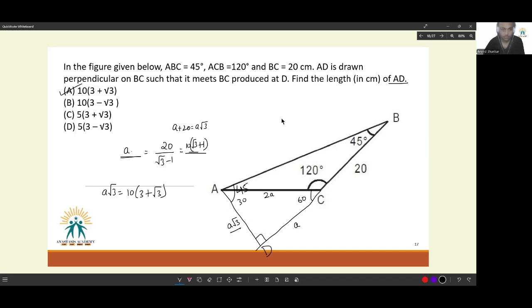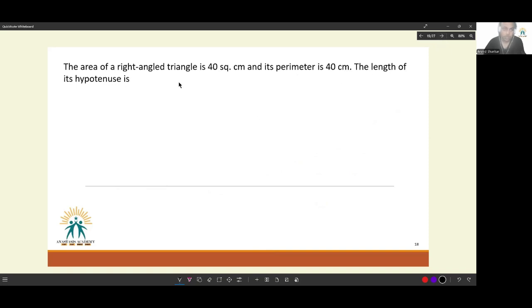Okay. Next question now. The area of a right angle triangle is 40 square centimeters, and its perimeter is 40 centimeters. Find the length of the hypotenuse. For the right angle triangle, this is A, this is B, this is C. Half into A into B is equal to 40, or AB is equal to 80.